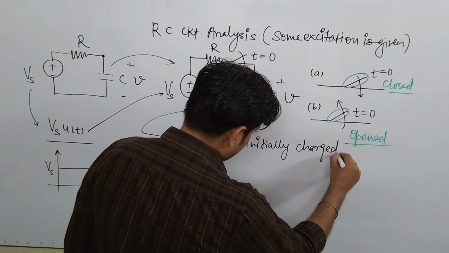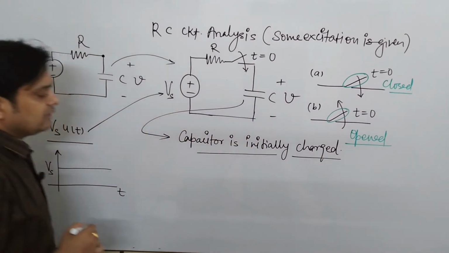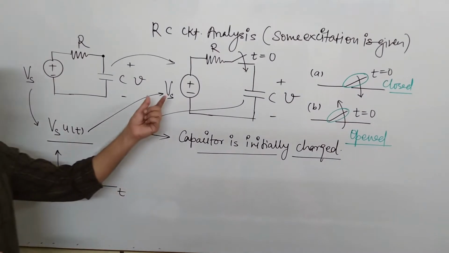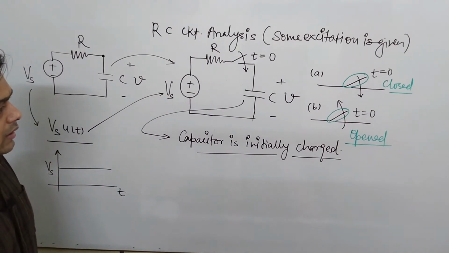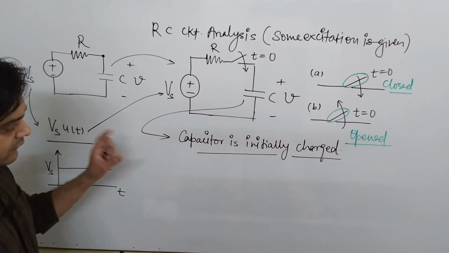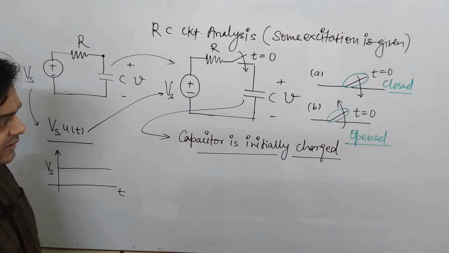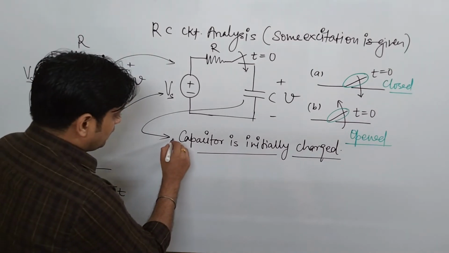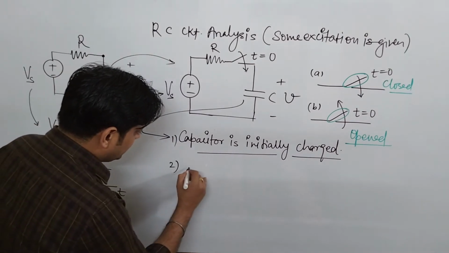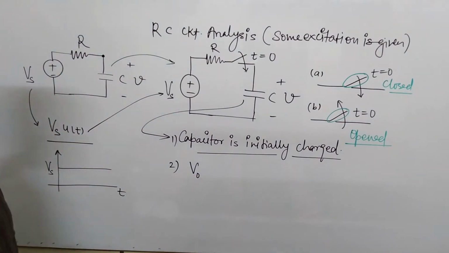This we have seen in our RC circuit analysis when we were not considering this excitation voltage. So what is different now? In that condition also we saw that the capacitor is initially charged, and here also we see that the capacitor is initially charged. So for the time being I will take the initial charge voltage across the capacitor as V0.